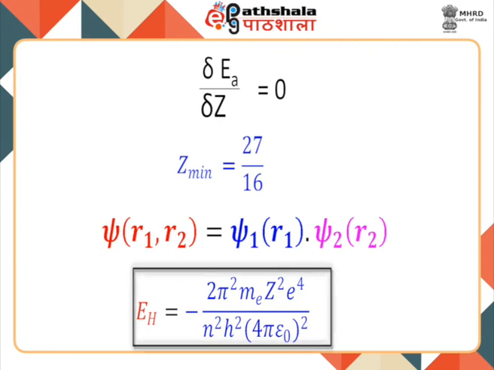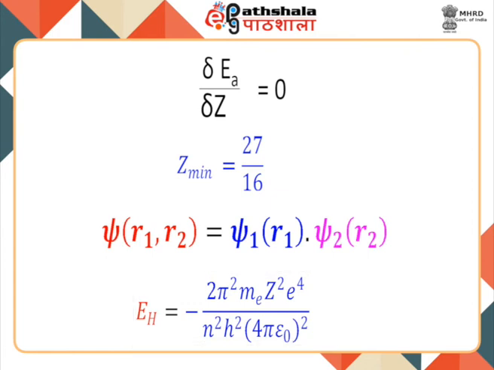EH is equal to, in numerator, minus 2 pi square m e Z square e to the power 4, where e is the charge, upon, in denominator, n square h square into (4 pi epsilon naught) whole square.